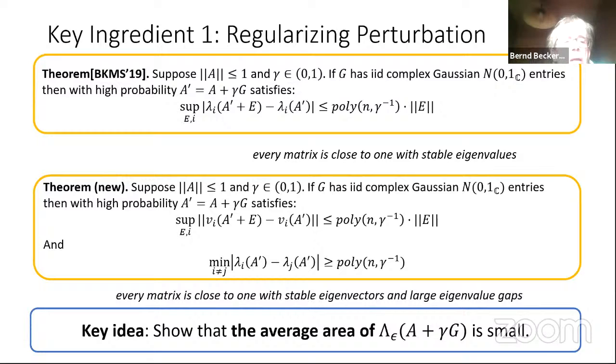So in fact, the new theorem is not of such a big value because you have an exploding 1 over gamma term, no? Well, the key is that whatever this polynomial is, this is going to go under a log, right? The way this is going to be used is we're going to apply the regularizing perturbation.